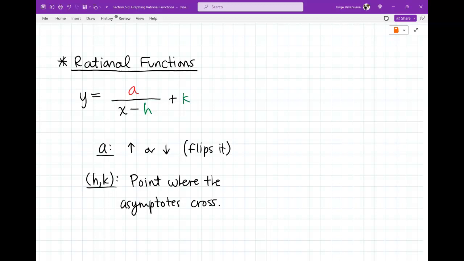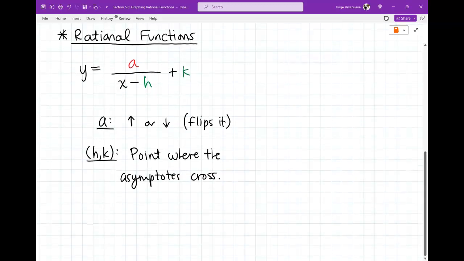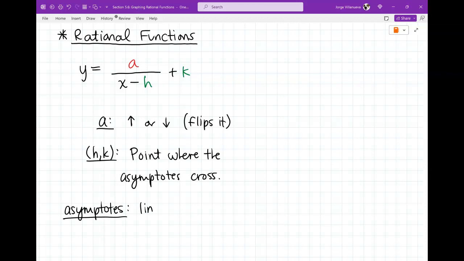These are like vertical lines or horizontal lines, in our case it's going to be both, that you cannot cross. They can't be crossed. So it kind of traps the graph in certain areas. It traps it, okay? So these are lines that cannot be crossed. So I'll put the definition right here. So asymptotes are lines that cannot be crossed.